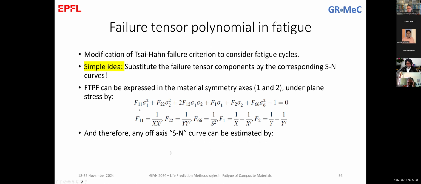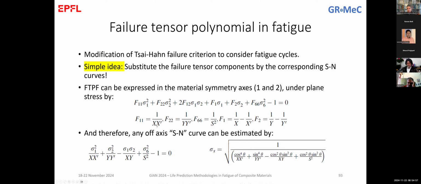But in this case, we can assume that the failure terms, so X prime, Y prime, S, and so on, are not the simple tensile and compressive strengths, but are the fatigue strengths. So this X prime, Y prime, and so on are also functions of the number of cycles.